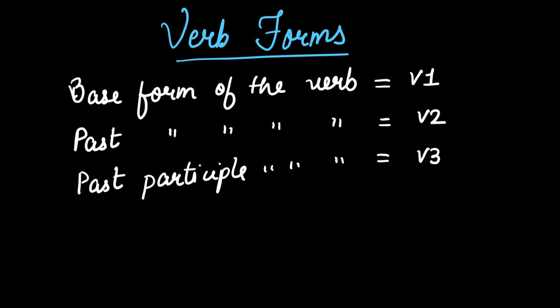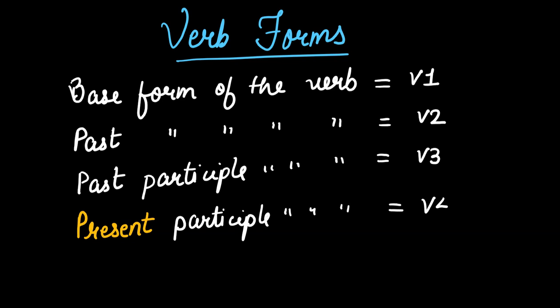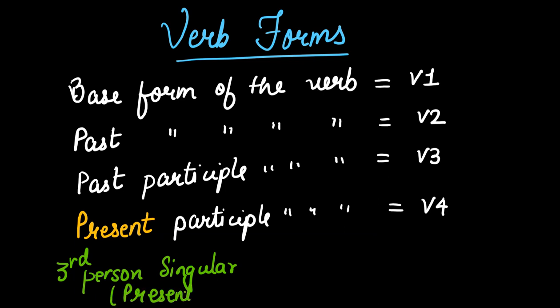Then we'll have the present participle of the verb, and that will be V4. And at the end we have third person singular, basically the present tense of the verb, and that is V5.